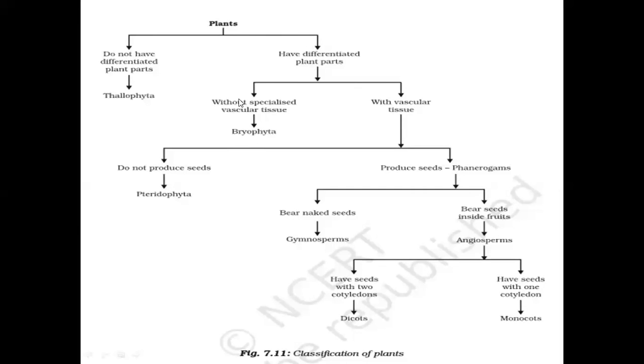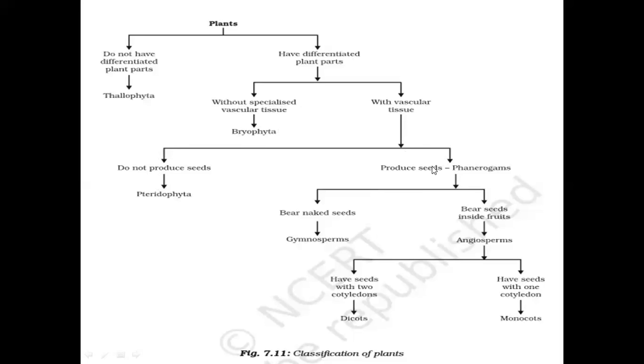Those without vascular tissues are called Bryophyta, and those with vascular tissues are again subdivided on the basis of the capacity to produce seeds. In case they do not produce seeds, we call them Pteridophyta, and in case they are able to produce seeds, we call them phanerogams.